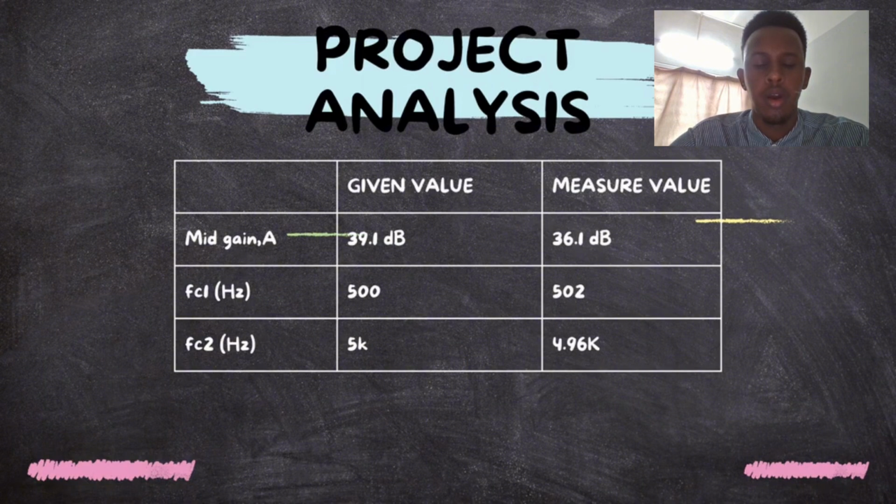Low frequency cutoff given value is 500 and measured value is 502. High frequency cutoff given value is 5k and measured value is 4.96k.